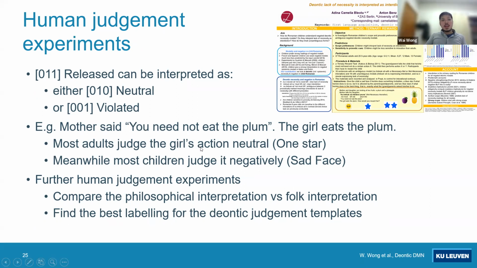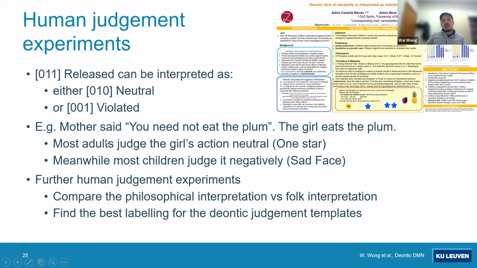You can see it's the same, because need not eat the plum is the same as being released from the obligation of eating a plum. So here is a match with the philosophical interpretation of the term release.